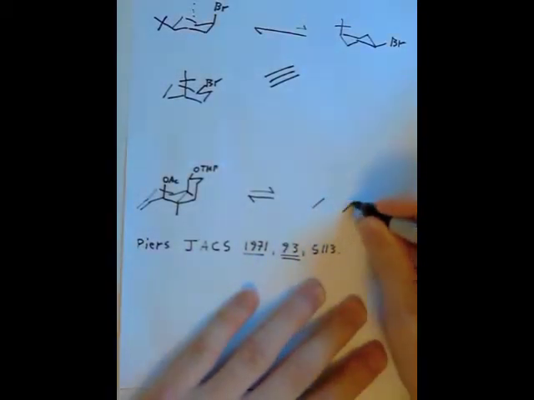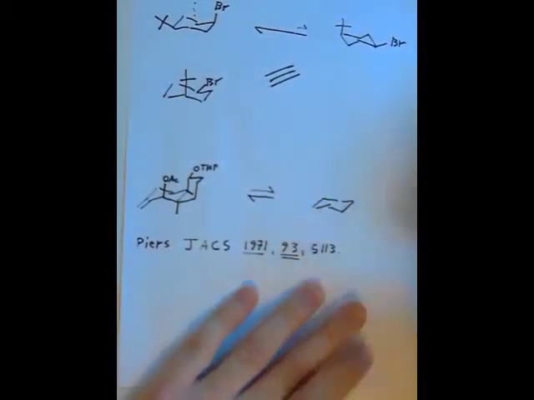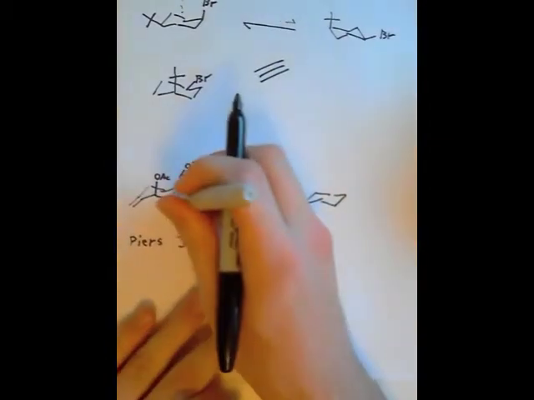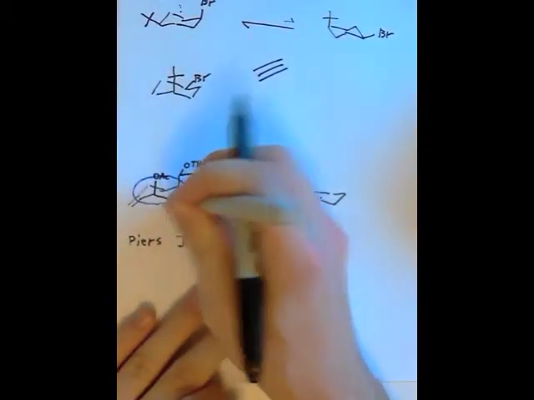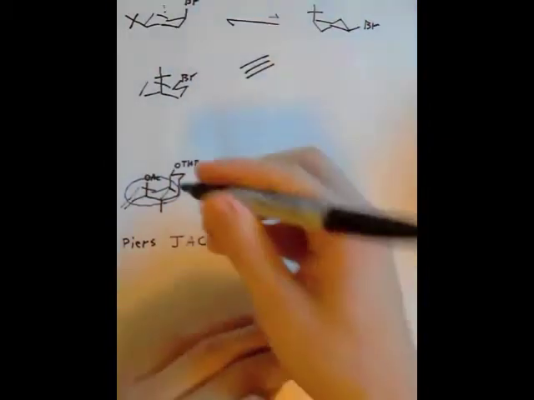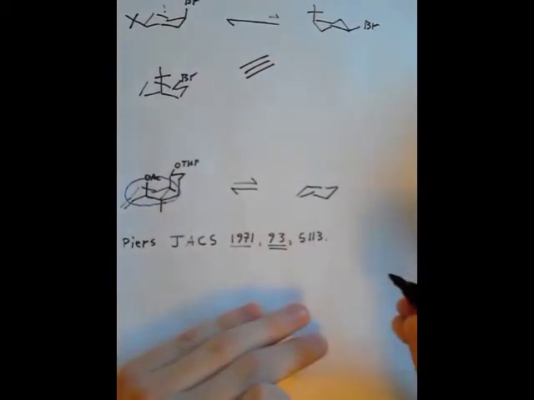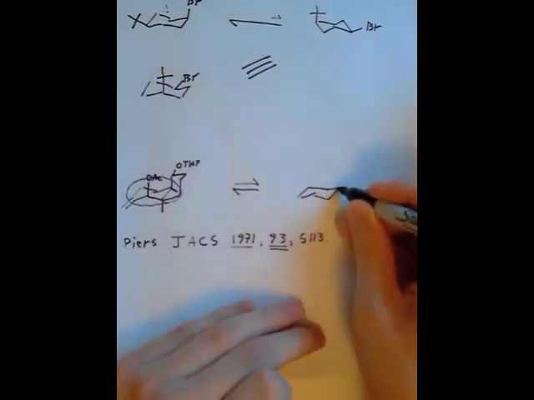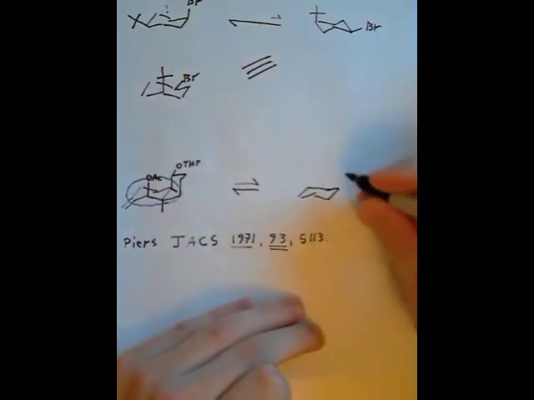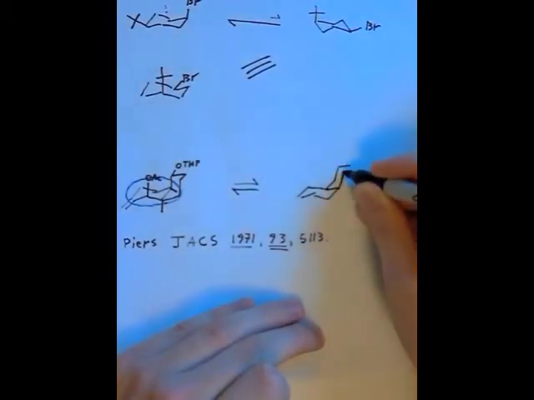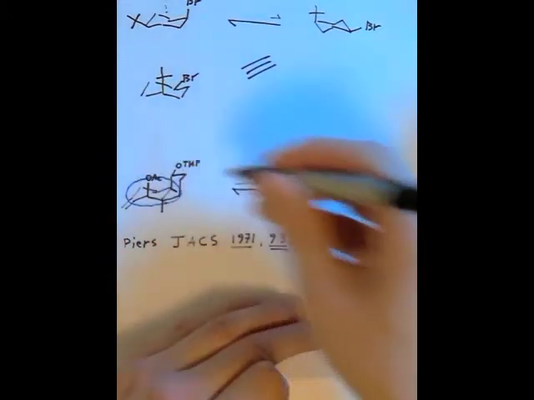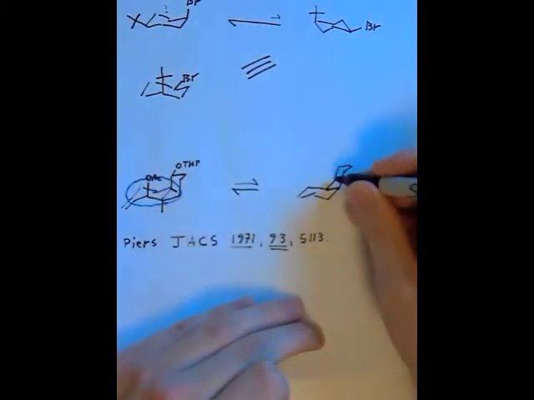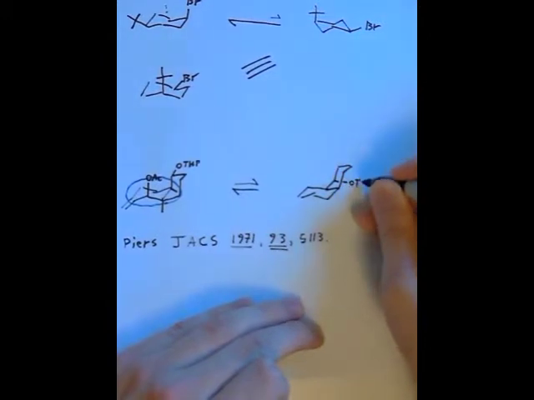So, starting from this ring, which will be our vantage point, if we shift over the other cyclohexane ring, this is still up, up. Then we shift the THP one down, it is still down.